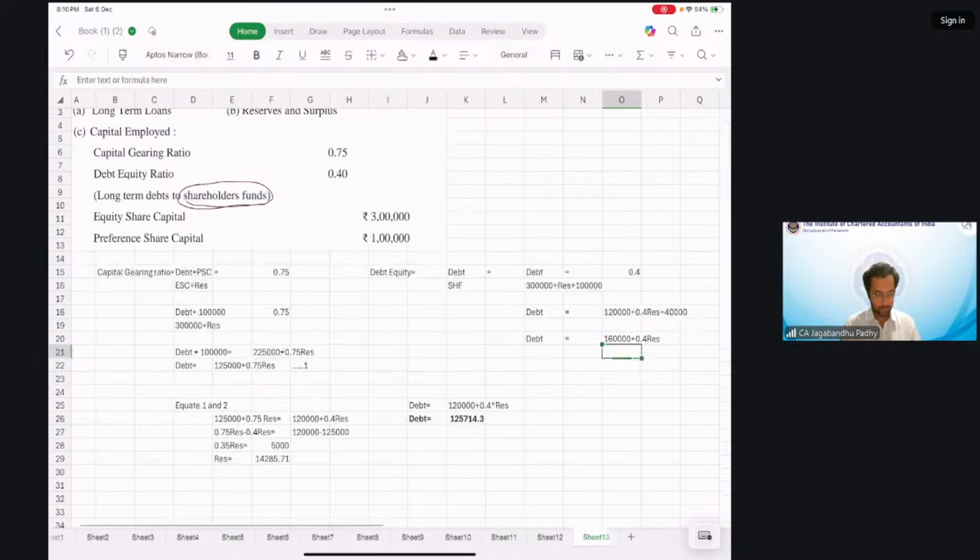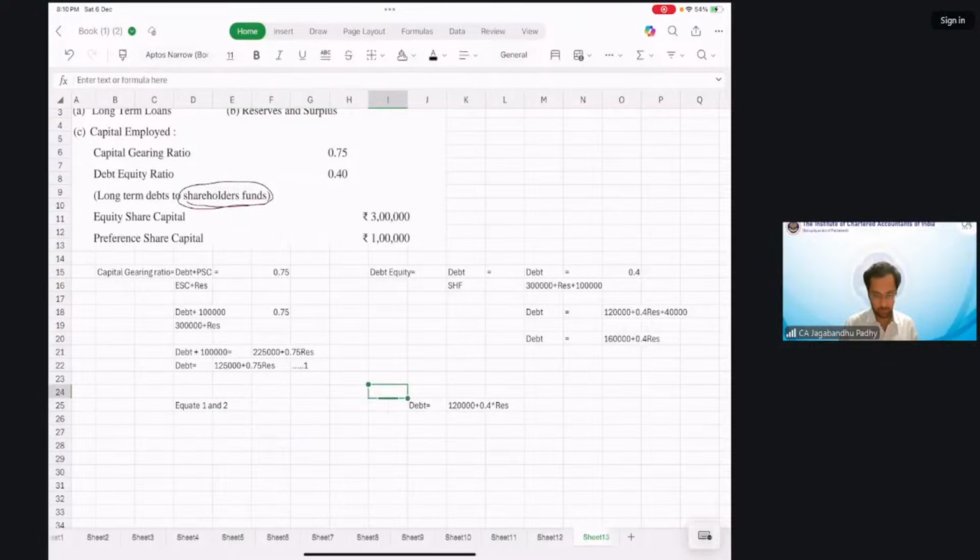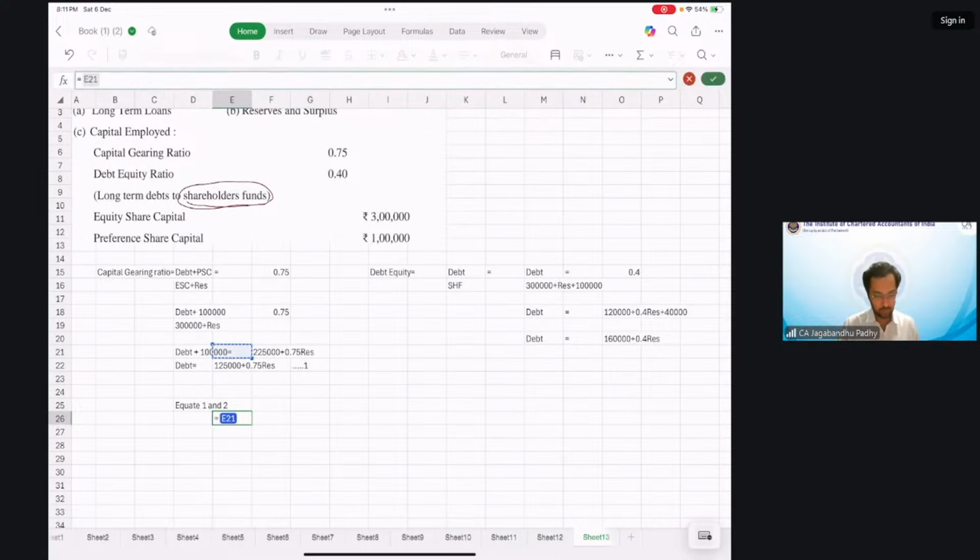Right? So now let us equate them. I think that should be giving us the answers now. We have 0.75 equal to 1 lakh 25,000 plus debt upon 3 lakh plus reserves. And here we have debt is equal to 1 lakh 60,000 plus 0.4 reserves. Now we can equate them. So there was one thing that we missed in the question.